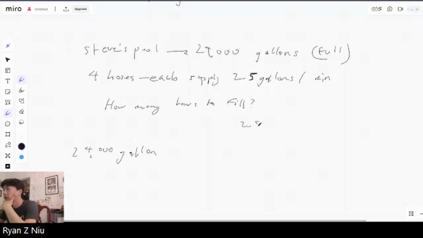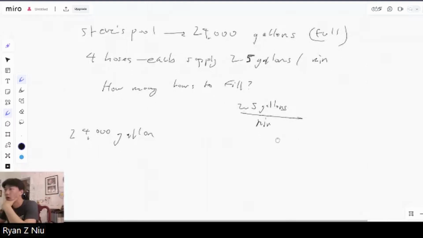Essentially what we have is 2.5 gallons per minute. But we don't want gallons, in the end we want minutes or hours. So we're going to multiply by 1 minute per 2.5 gallons.